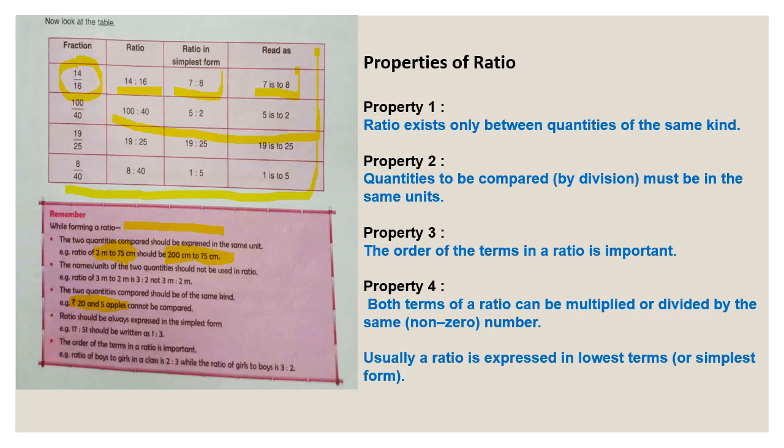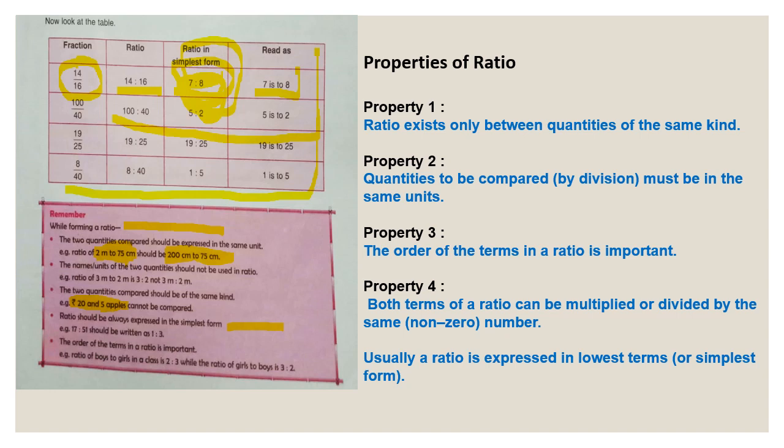So it should be of the same kind to find the ratio. Next, a ratio should always be expressed in the simplest form, like in the example I have shown you. Simplest form means they have only the common factor 1.